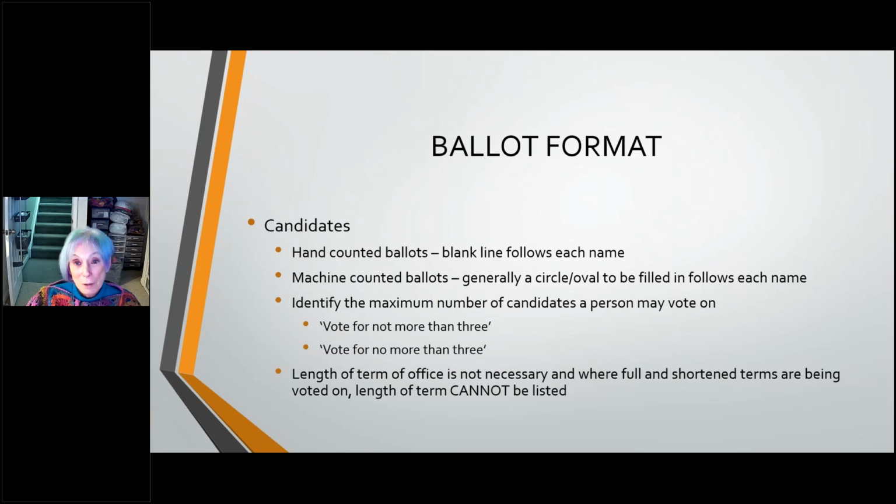It is merely determined by the number of votes that each candidate receives. The persons who receive the highest number of votes get the full term, and then the remainder get the shortened term.